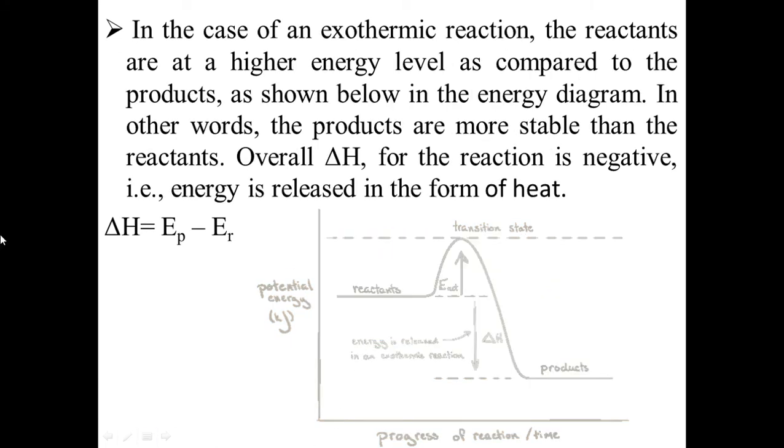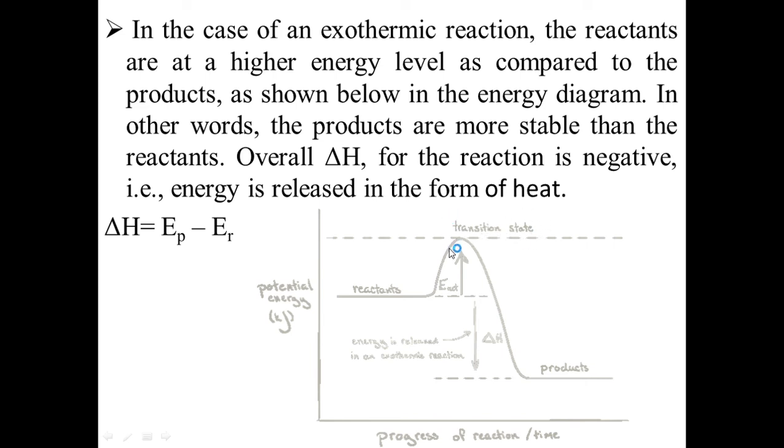Next, in the case of an exothermic reaction, the energy of reactants is high compared to the energy of products. Here, the reactants absorb energy and are converted into the transition state.